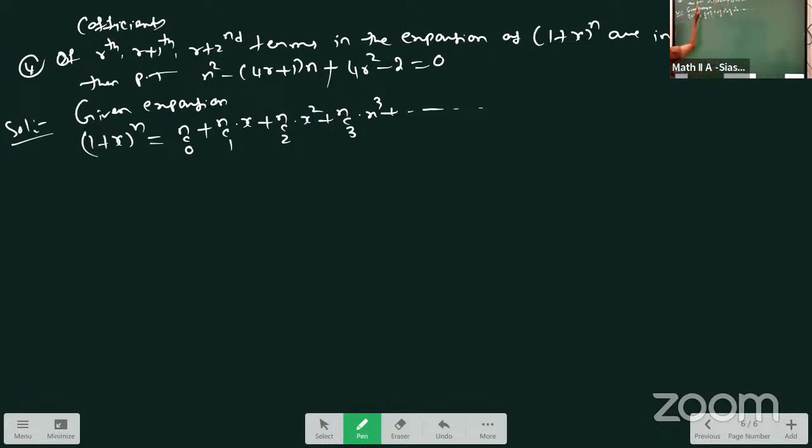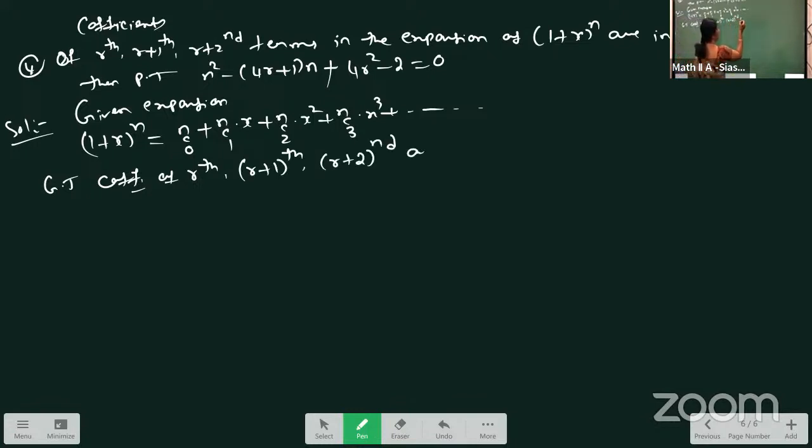Here what coefficient do we want? The rth, (r+1)th and (r+2)th coefficients we want. So here, given that the coefficients of the rth, (r+1)th and (r+2)th terms are in AP.